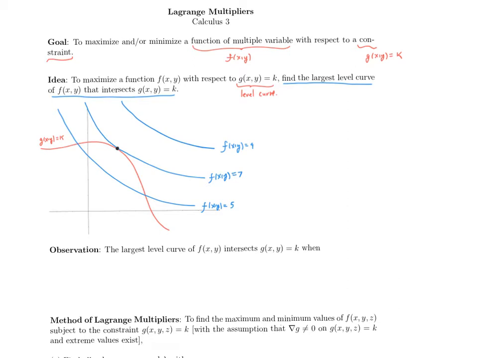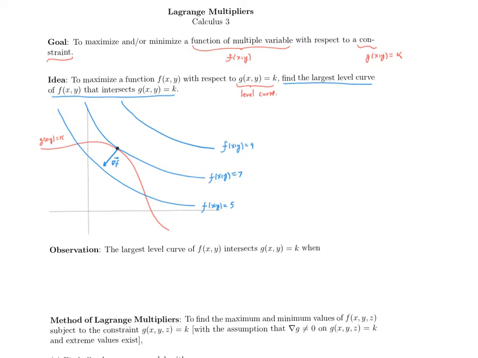And the observation I want to make is precisely at this point. If you were to look at that point, it lies on the f equals 7 level curve, which means the gradient of f at that specific point is perpendicular to the blue level curve.